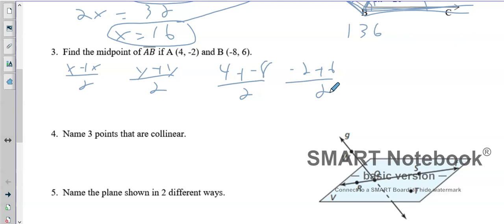Well, 4 minus 8 is negative 4, divide by 2. 6 minus 2 is 4, divide by 2. And that gives us negative 2, comma 2. So again, when you're finding the midpoint, you're literally just adding the x's and dividing by 2, you're adding the y's and dividing by 2, and then working out the math.